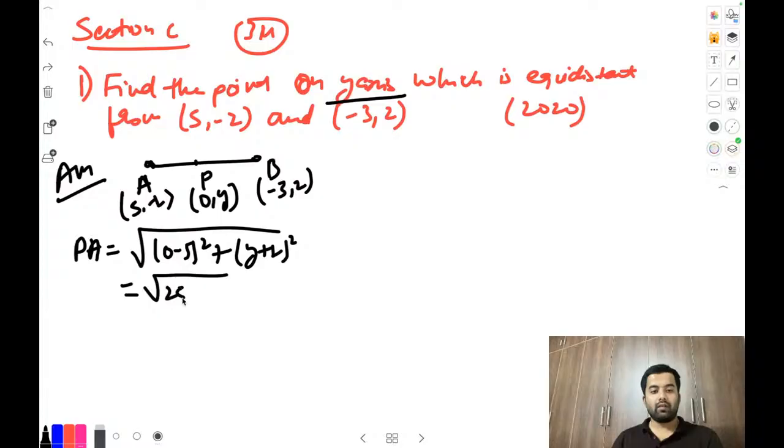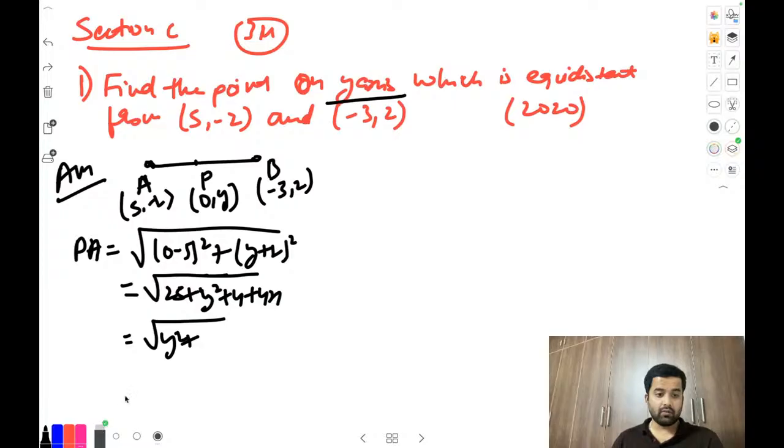Next will be 25 plus y square plus 4 plus 4y. Final answer y square plus 4y plus 29 will come.